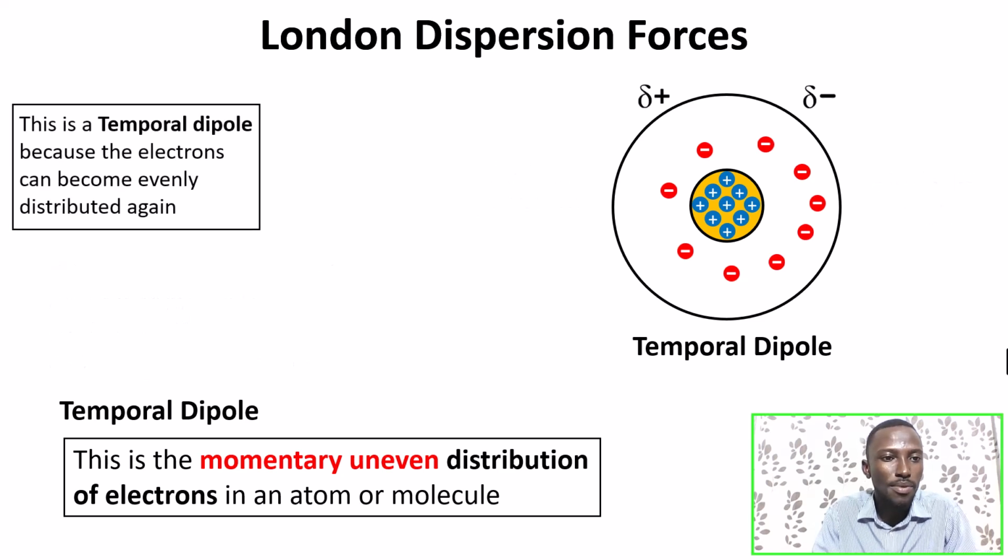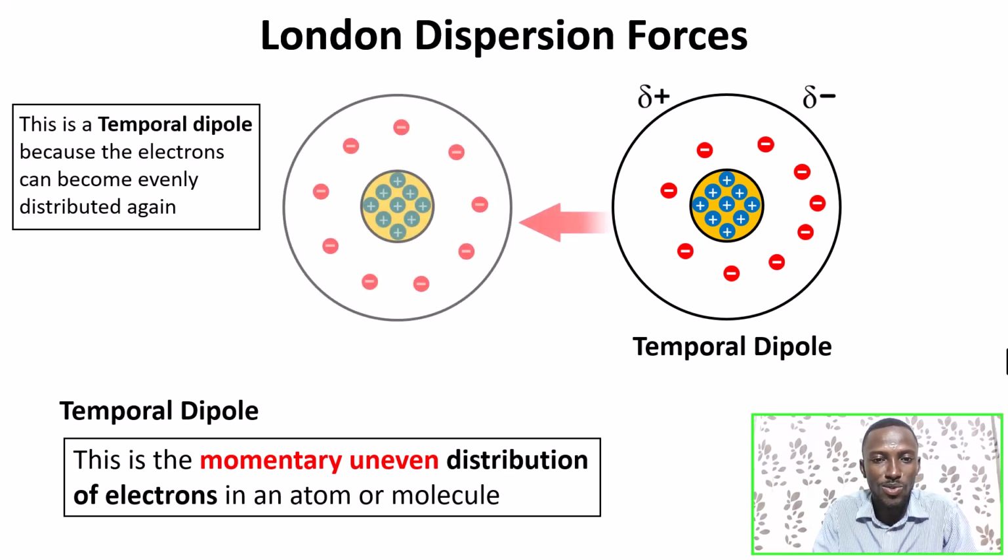This is a temporary dipole because the electrons can become evenly distributed again. This temporary dipole can revert back to an even distribution of the electrons.